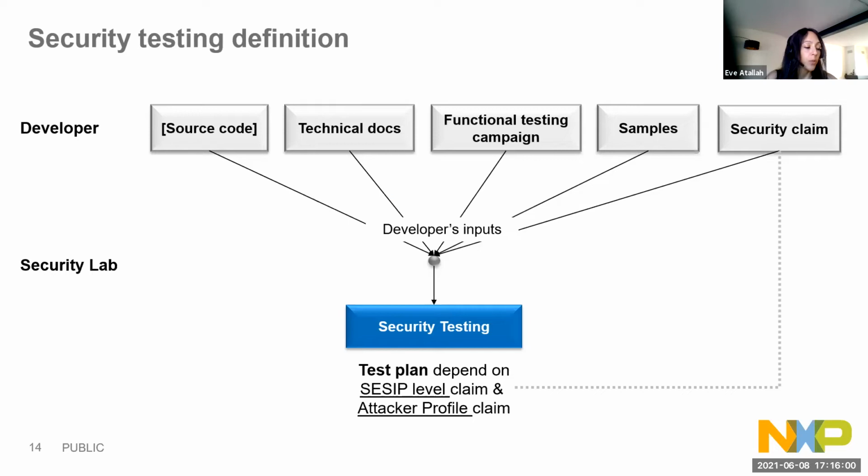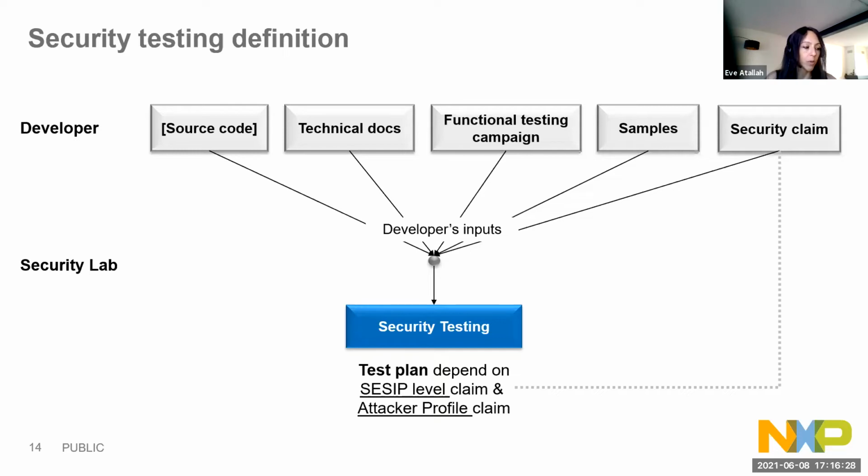Part of those inputs, you may have the source code, depending on the security level claimed, some technical documentation, information also about the developer testing campaign, and of course, samples for the evaluation. So in SESIP, all those inputs are requested as support for the security testing, no matter the format, as long as the evaluator has the needed information useful for testing.